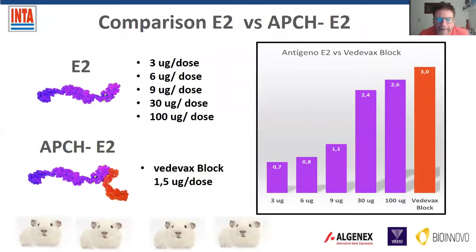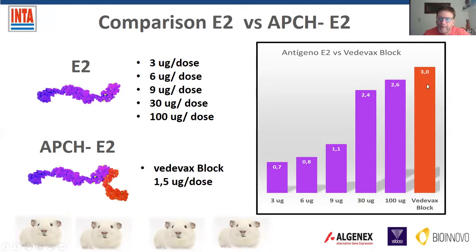Okay, well, this is our intelligent vaccine, and here I'm going to show you what happens when you use APCH technology. We made an assay in guinea pigs. In this case, we used 4 animals per group. We immunized animals with one dose of 3 micrograms, 6 micrograms, 9, 30, 100, and we compared these results with animals immunized with only 1.5 micrograms per dose.